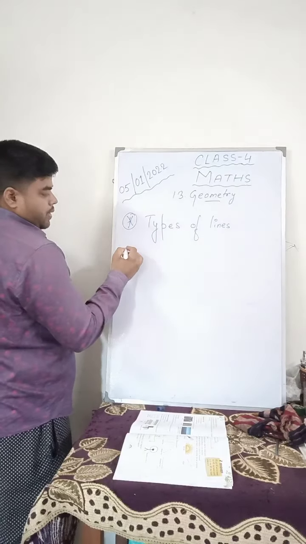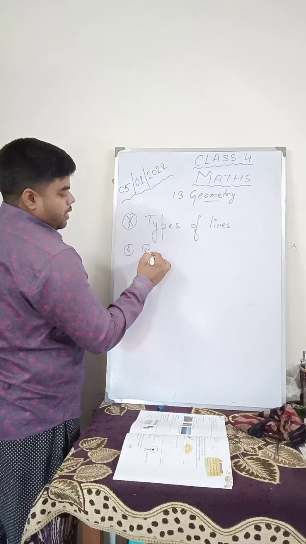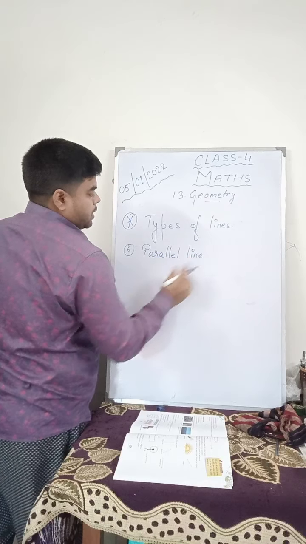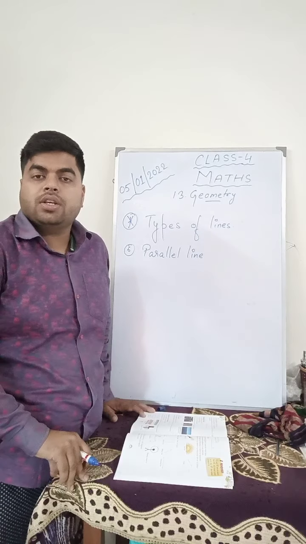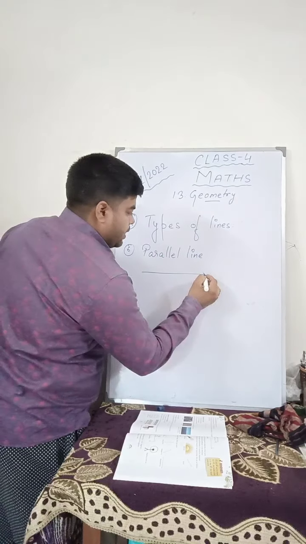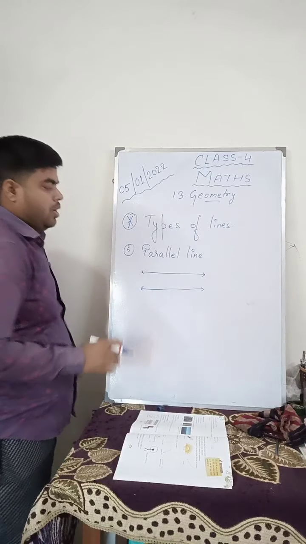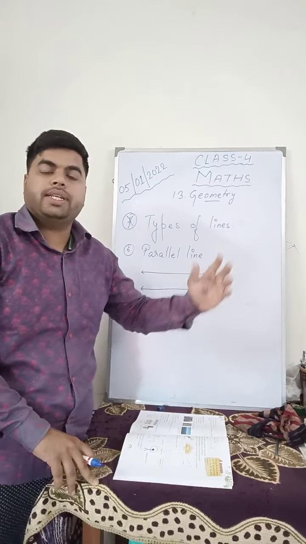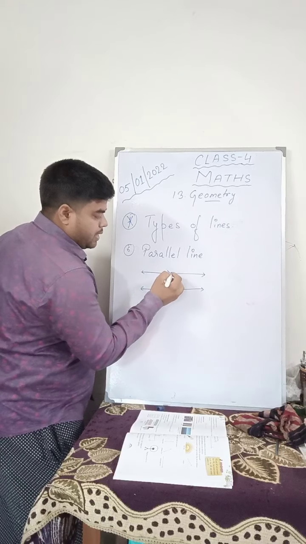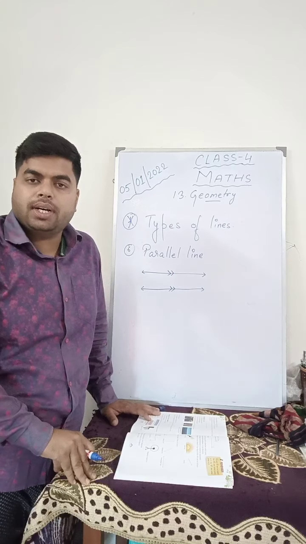Next, you have number 6, parallel lines. Parallel lines are those lines which will never meet each other. Two lines that will never meet each other, no matter how far you stretch them, like the railway tracks, they will never meet each other. This is represented by 2 arrows. These 2 arrows mean they are parallel to each other.